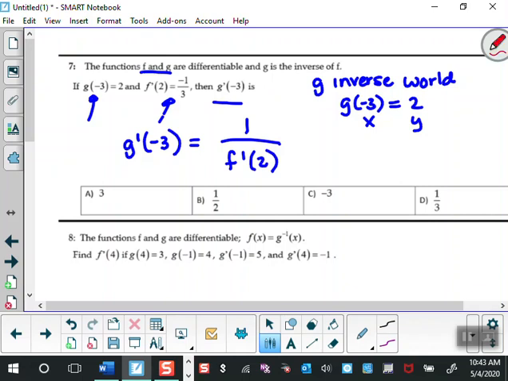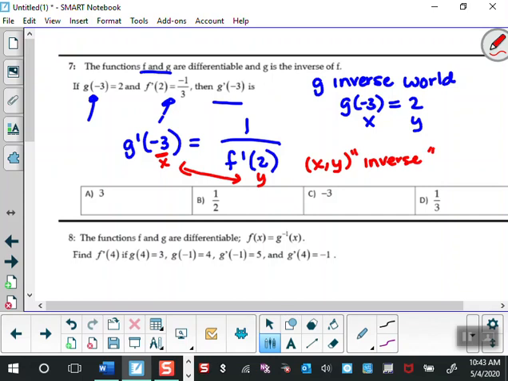The derivative of g at a particular x is equal to the derivative of f at the related y, where that x, y is the inverse function.